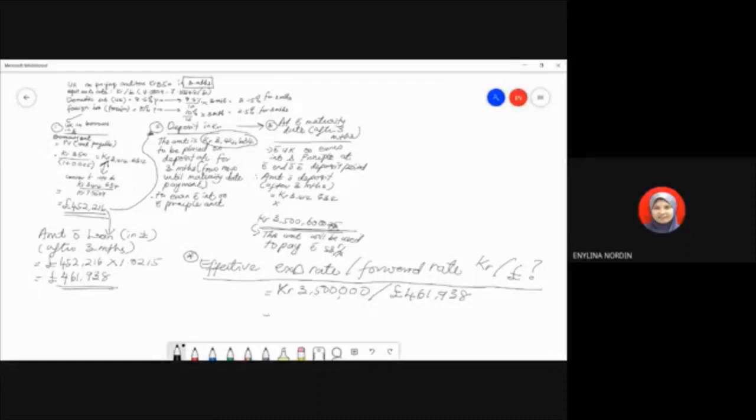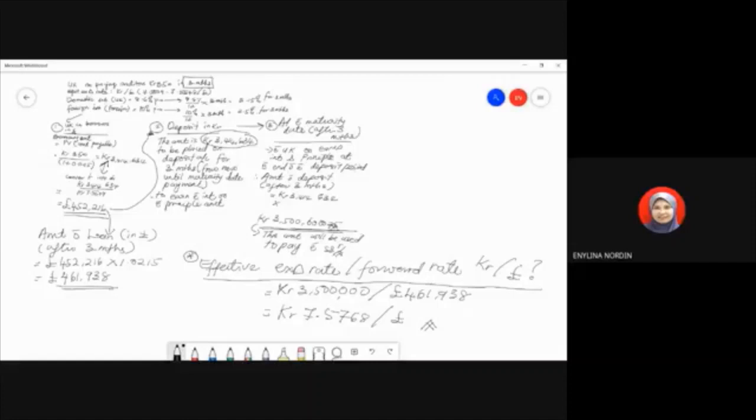Therefore, you will get the effective exchange rate of 7.5768 kroner against a pound.